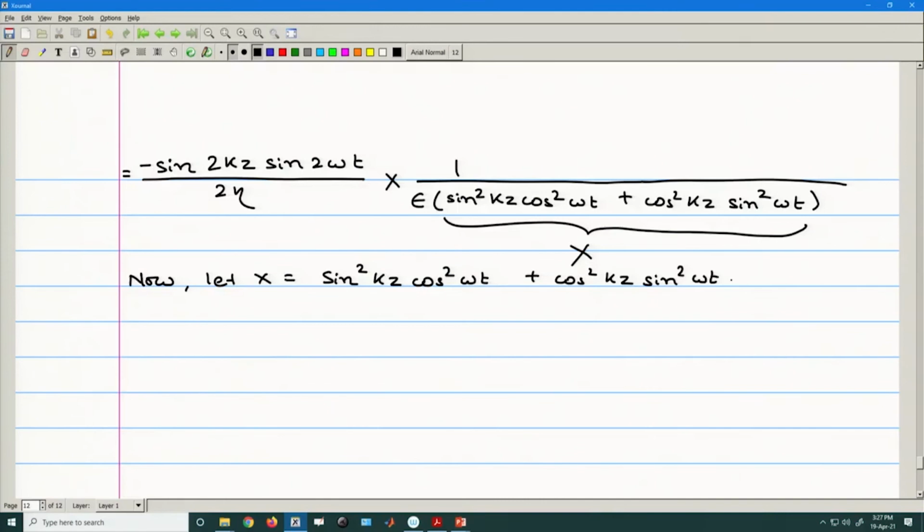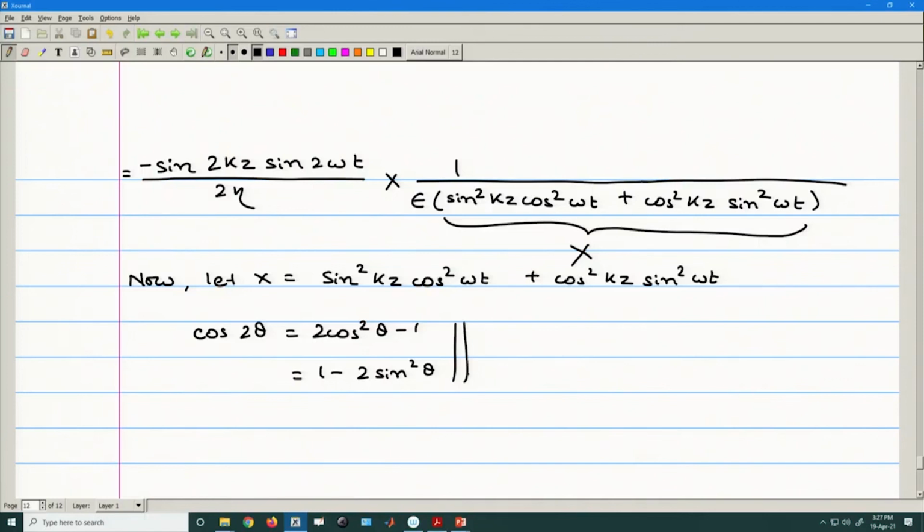Fine. Now we know that we can write cos 2 theta as 2 cos square theta minus 1 and 1 minus 2 sin square theta. Okay.